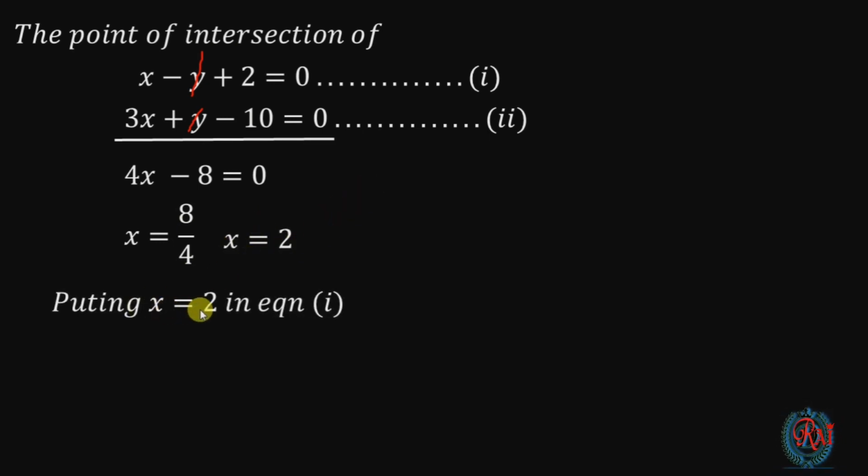Putting x equals 2 in equation 1, we'll get 2 minus y plus 2 equals 0. So when minus y goes to this side it becomes plus y, and 2 plus 2 equals 4.